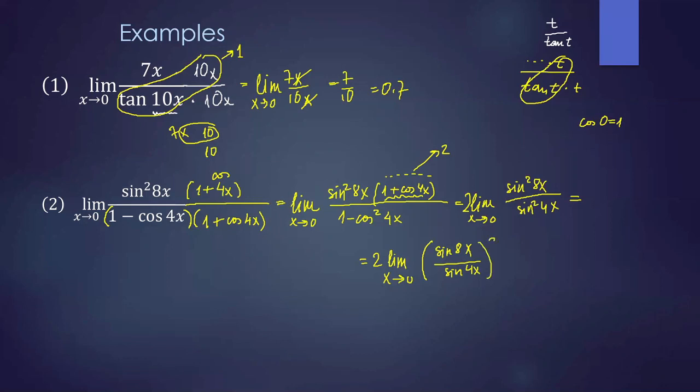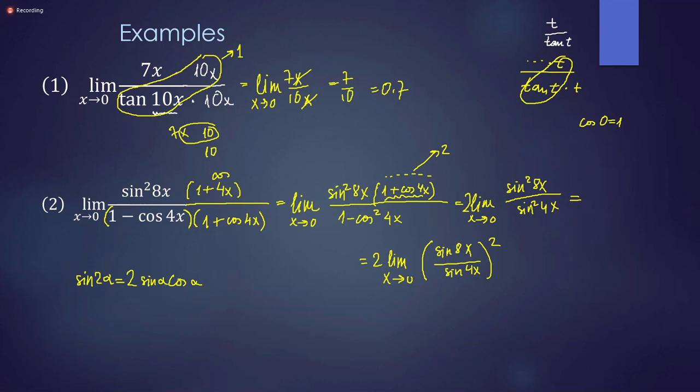One possible approach is, if you are clever enough to notice that 8x is 2 times 4x, and if you remember the formula, sine of double angle 2 alpha is 2 times sine alpha cosine alpha, then you might expand sine of 8x into 2 times sine 4x times cosine 4x, simplify sine 4x, and there you go.